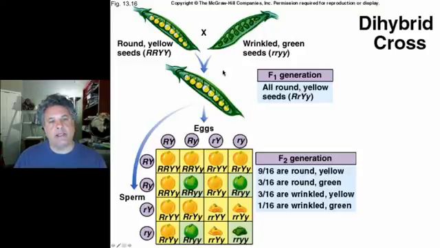Now, just as he did for his monohybrid crosses, in these dihybrids, hybrid for two different genes at the same time, heterozygous, in other words, for two genes at the same time, the F1 are doubly heterozygous, big R, little r, big Y, little y.